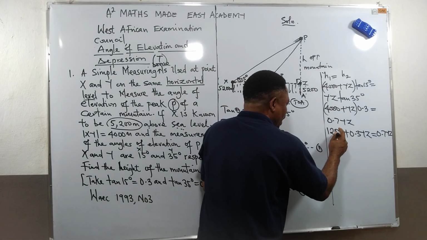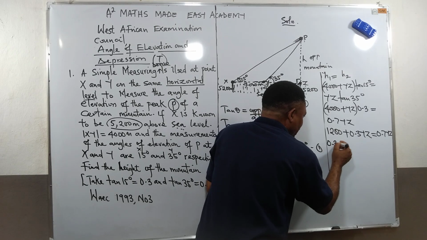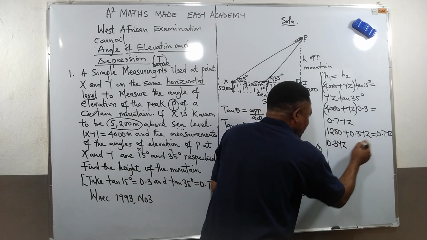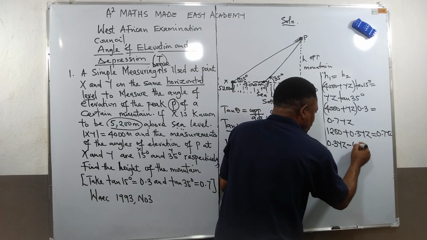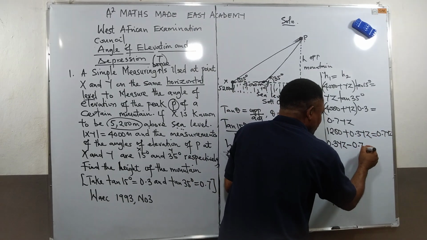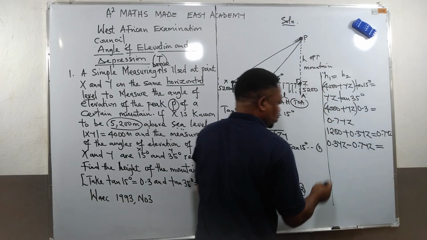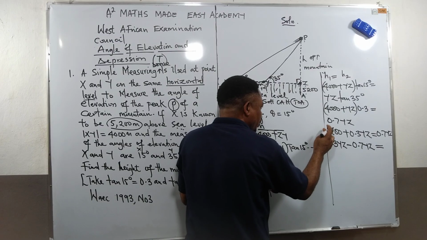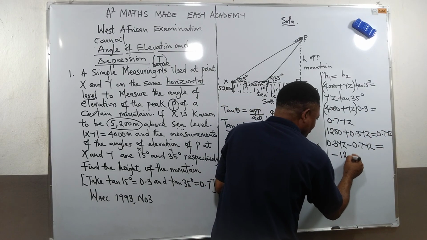I will carry 1,200 this way and leave with me 0.3 yz. When 0.7 yz crosses to the left, it becomes minus 0.7 yz. When 1,200 crosses over to the right, it becomes minus 1,200.